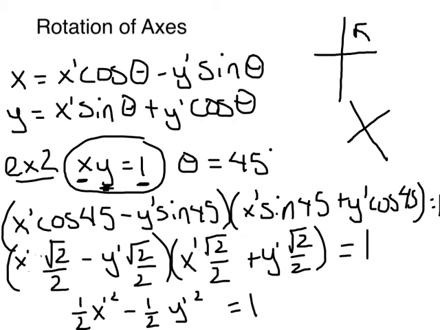Now we're happy about this equals 1 right here because that is the standard form of the equation we're looking for. So we can just go ahead and simplify what we have to be x prime squared over 2 minus y prime squared over 2 equals 1. And we can tell by looking at this equation that we have a hyperbola.